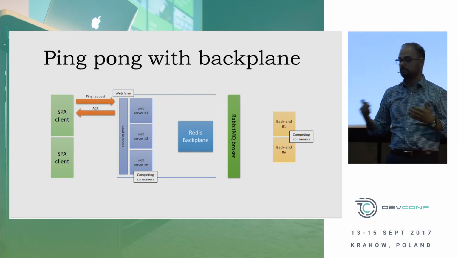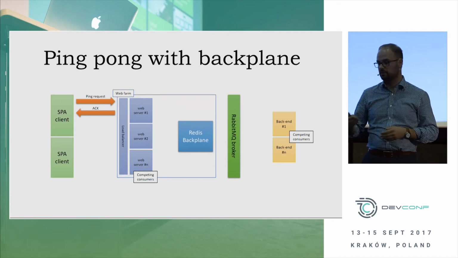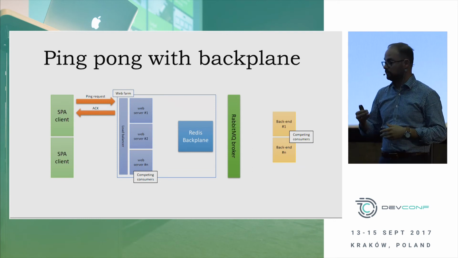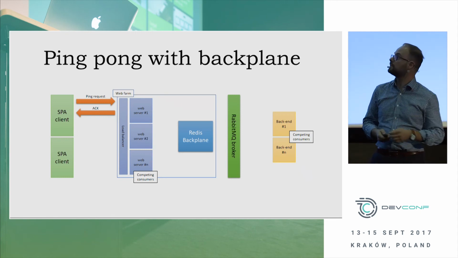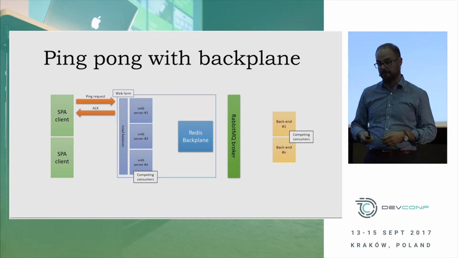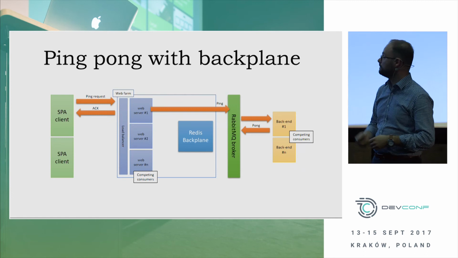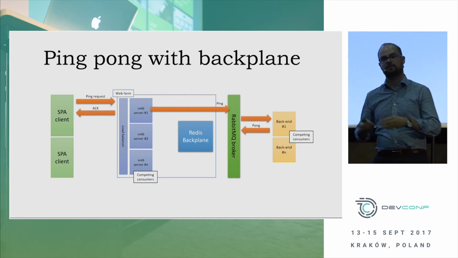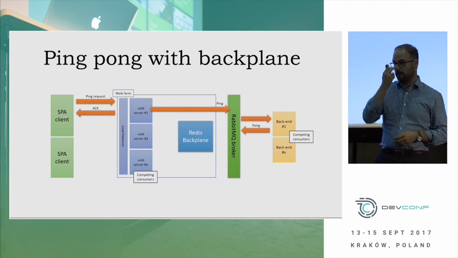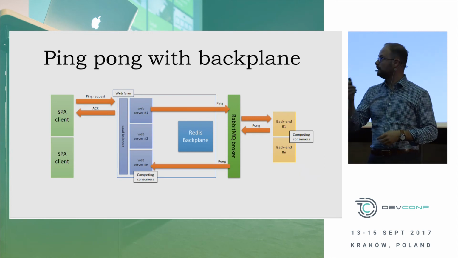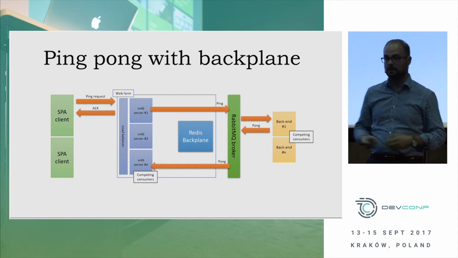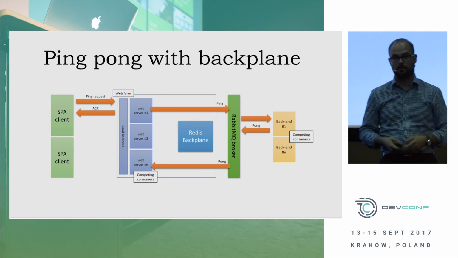So again, our SPA client sends a message to our web farm. The load balancer selects web server number 1 again. Web server number 1 sends a message to the broker. Again, backend server number 1 picks the message, and yet again, web server number 3 fetches the message from the broker.